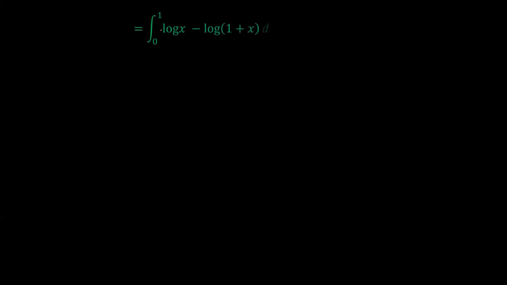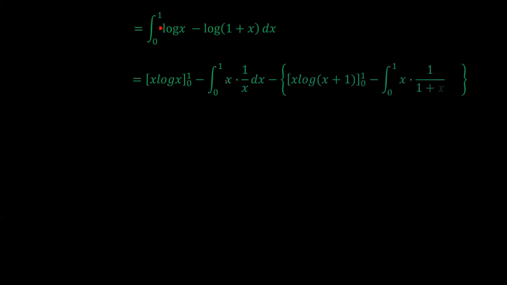So for the integral of log x, we can take our du to be 1 and dv to be log x, so that now our uv is x log x with the limits, obviously minus, then we have du, dv, which is x times 1 over x, because the derivative of log x is 1 over x. So this and that cancel. So we have the integral of 1.